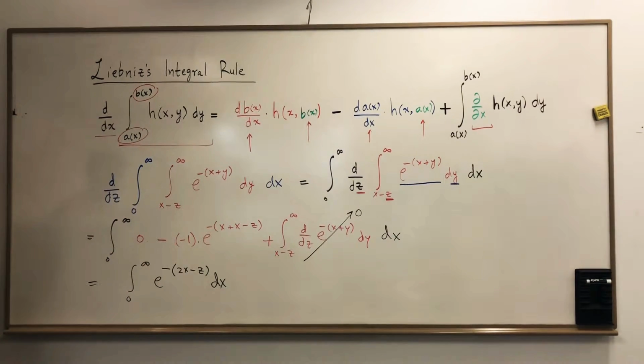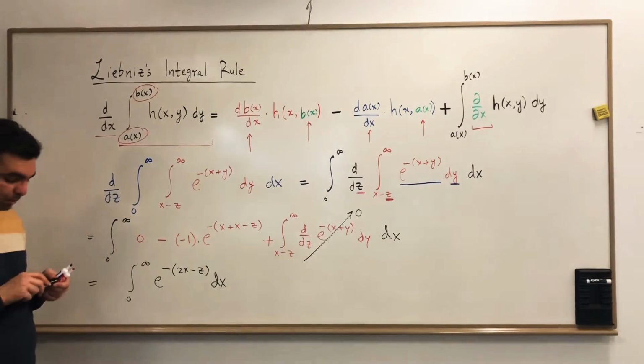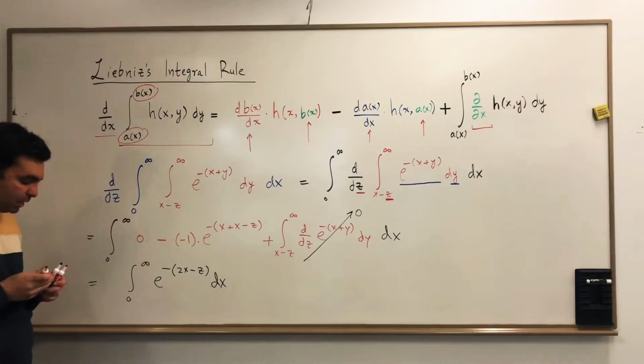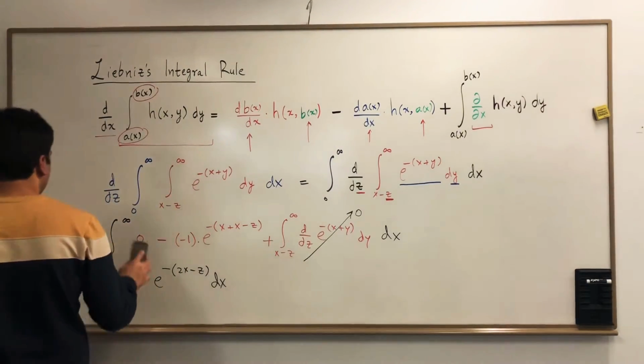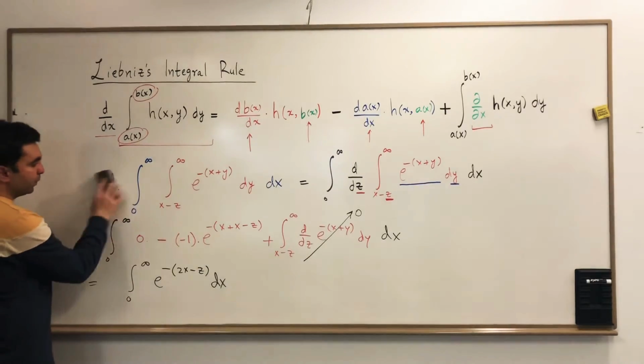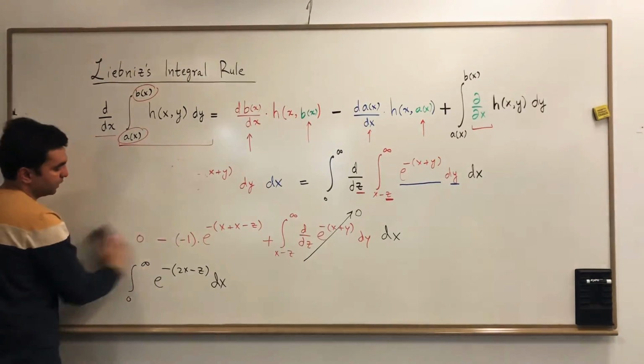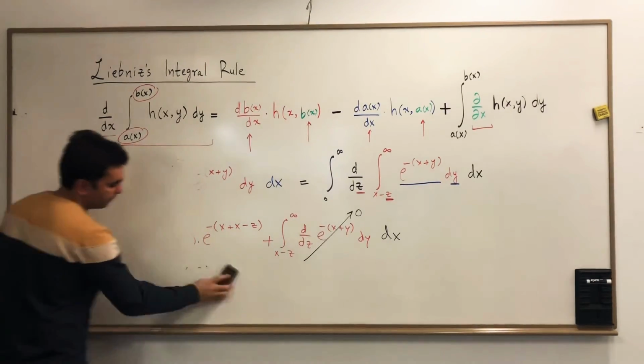So this is where Leibniz's rule might be useful in many practical problems. So I'll do another example just to illustrate when we might have to do this multiple times.